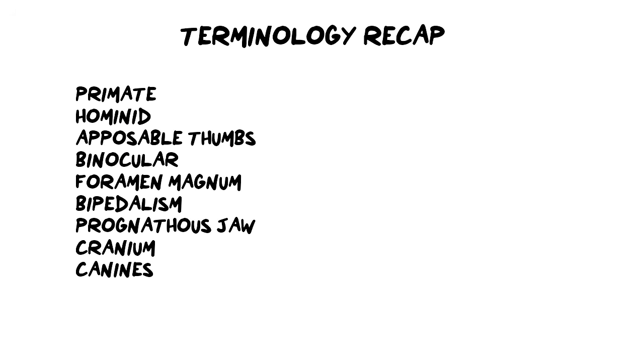Now, as always, I like to finish off my lessons with a terminology recap. Please use these words for flashcards, mind mapping your ideas out. It makes it really quick and easy to do revision. Now, first of all, we spoke about primates. Remember, primates are all of our cousins, including monkeys and gorillas.